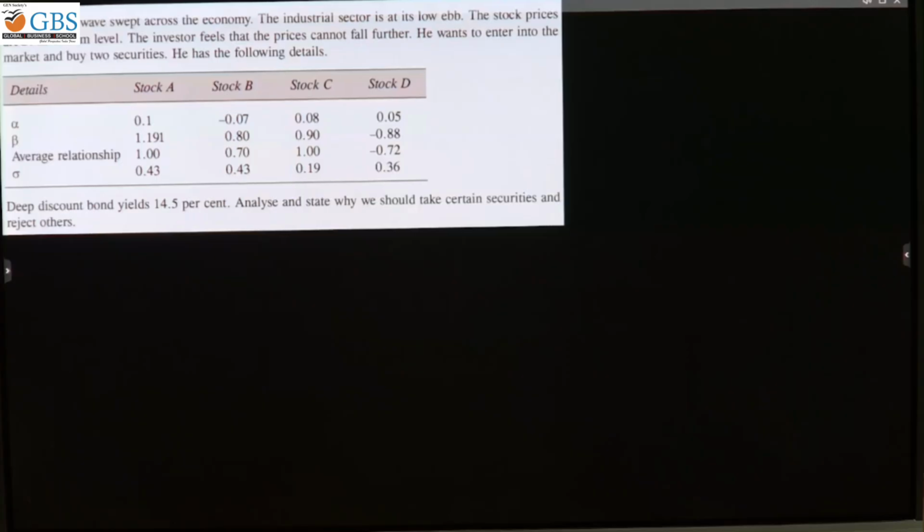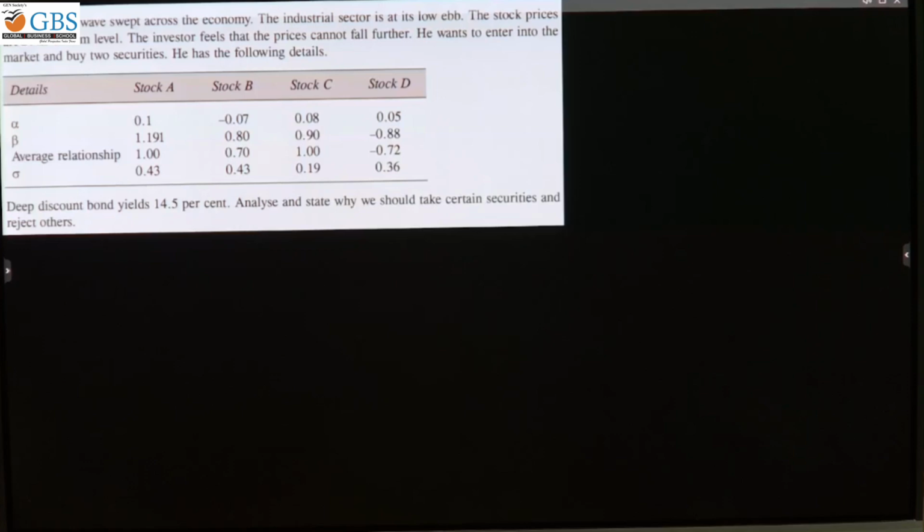Very good. Then as per the beta, C. Correct? Very good. Then average relationship, that is correlation: C and A. Okay. Then as per the alpha, again C. So the first stock, C, is good. Next one.